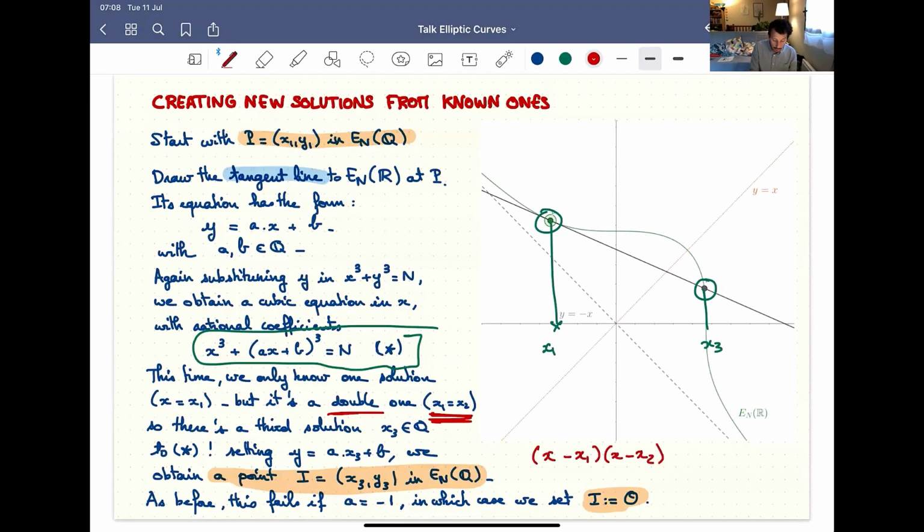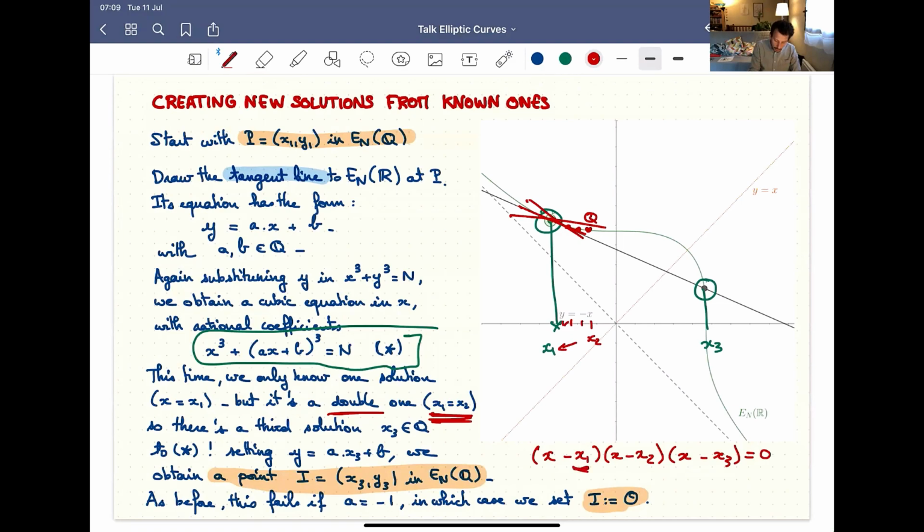the tangent process as being a limit of the chord process. So like this would be P, and there's a limit of points Q where we draw the lines joining P and Q, and they slowly tend towards the tangent, and their x coordinates x2 tend towards x1.